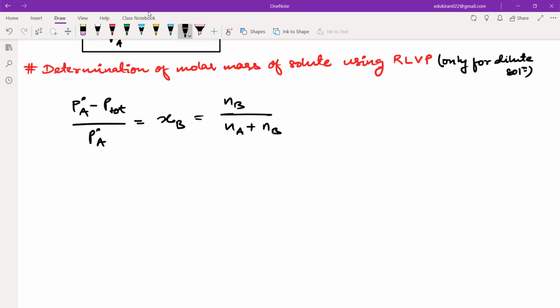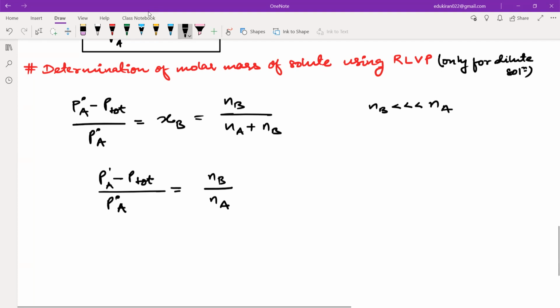Now, when we have dilute solution, number of moles of B is very small compared to number of moles of A, and hence we can write (P naught A minus P total) upon P naught A equal to number of moles of B divided by number of moles of A. We are neglecting the NB here because it is comparatively very small.